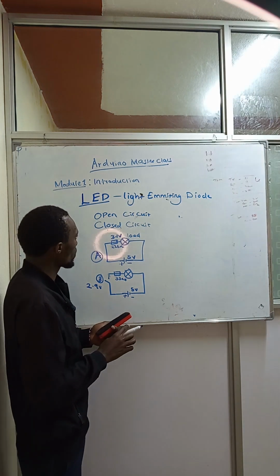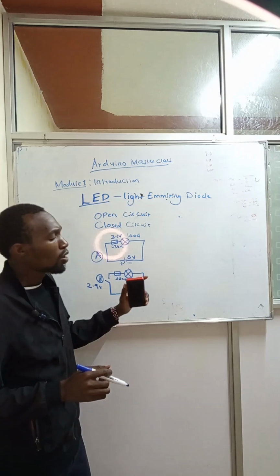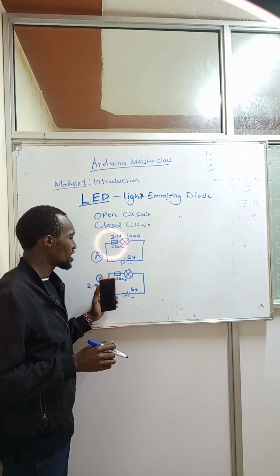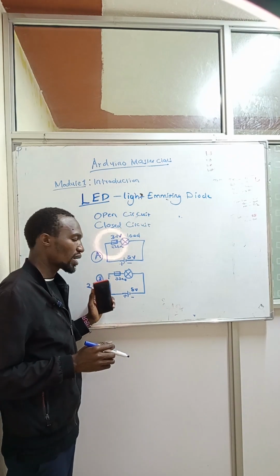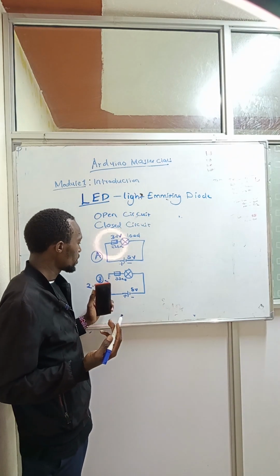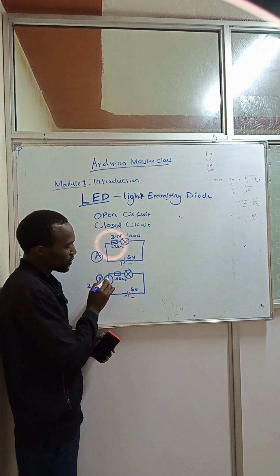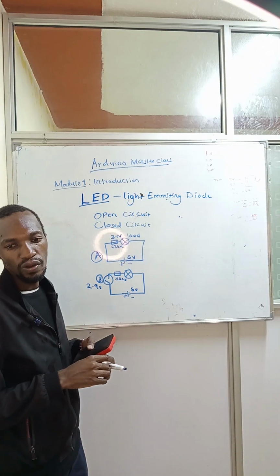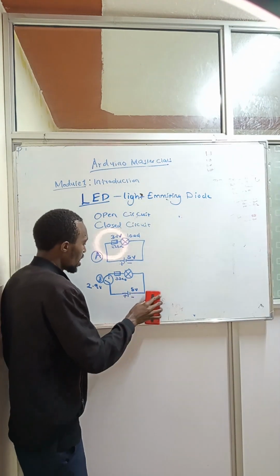Now when we come to the Arduino microcontroller, we are trying to replace the manual switching on and off. So we are going to replace the switch with a microcontroller. I'm going to show you how to do it.